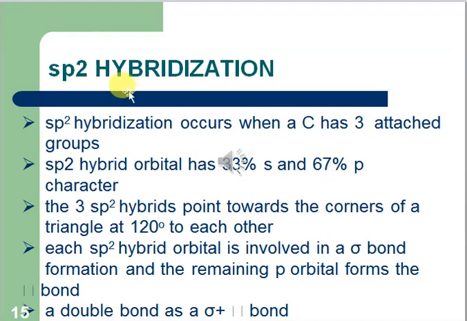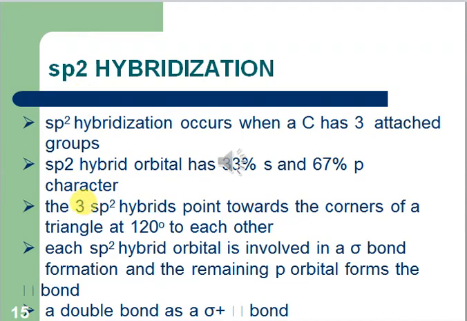So the bonds that are formed by sp2 hybrid orbitals are shorter than the bonds that are formed by sp3 hybrid orbitals. Always remember that a bond formed by sp2 hybrid orbitals is shorter and stronger than a bond formed by sp3 hybrid orbitals.